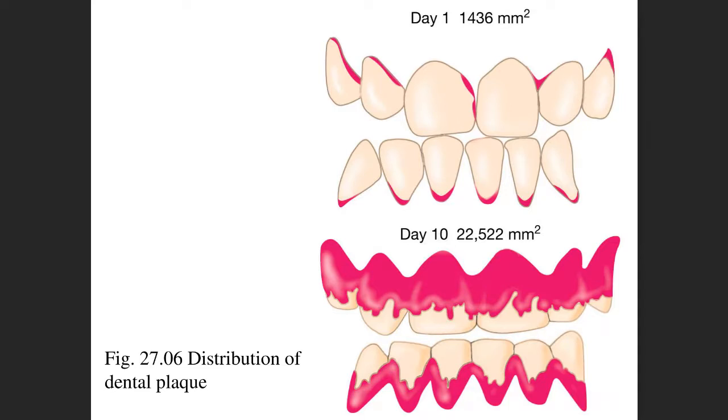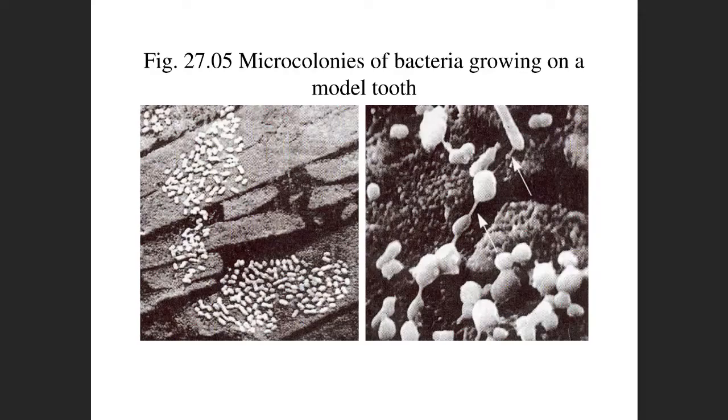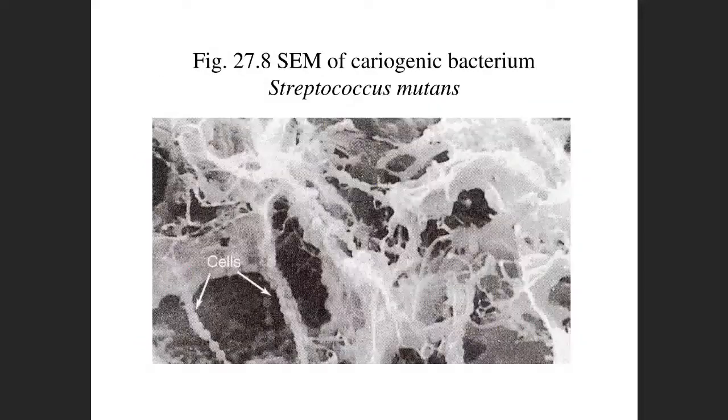And if you wait for 10 days without brushing and you stain it again, this is what you will see under the microscope. Initially you have microbes individually, but when you let them grow longer, this is what you'll have.